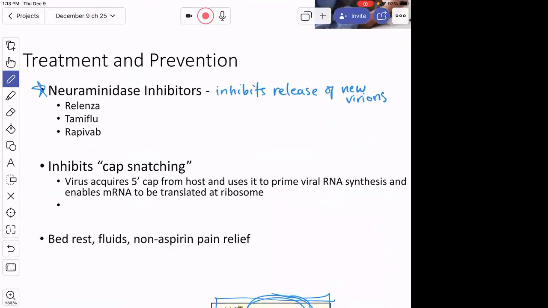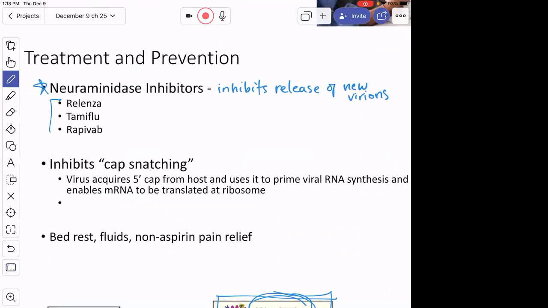So here are the trade names of 3 of our neuraminidase inhibitors. The most recognizable one there is Tamiflu. That's been around since 1999, when it was approved. The thing is, there's been a lot of controversy over this: how well do they really work?